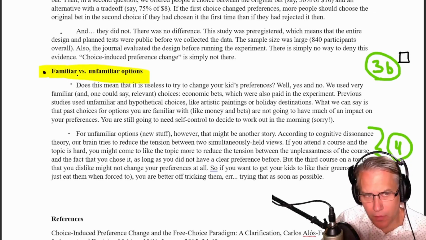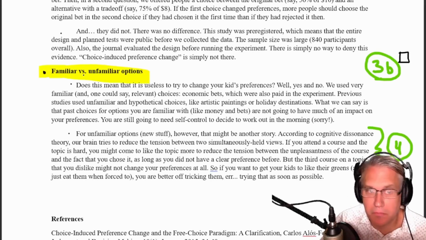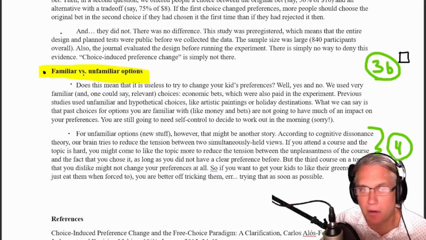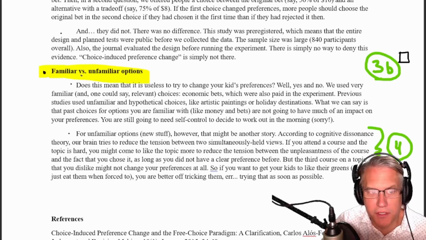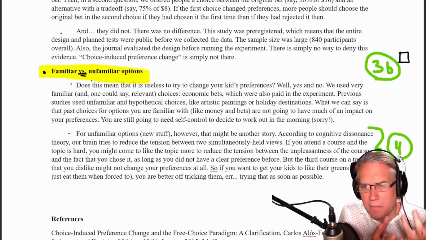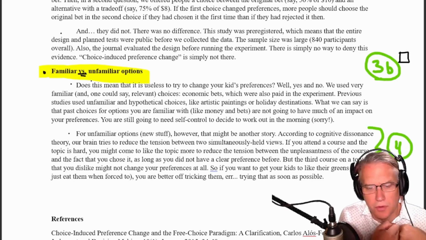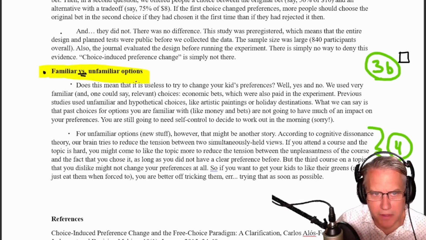So familiar and unfamiliar. Okay, these are terms we know, right? It means do we know this thing or do we not know it? Is it a new thing or something we're used to? Versus, this means we're making a comparison or challenge or a contrast. We're contrasting something.